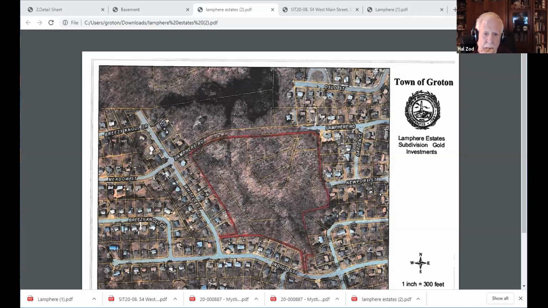Nothing big. I see that there's the paper street of Lampyre going through, which really surprised me that it didn't, because right now I think the only way in and out of most of those back streets is through Indigo. Is that right? That's right. So that's a lot of houses back there without even an emergency way to get back out.